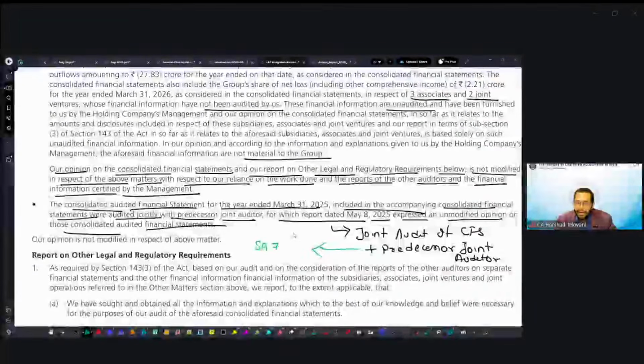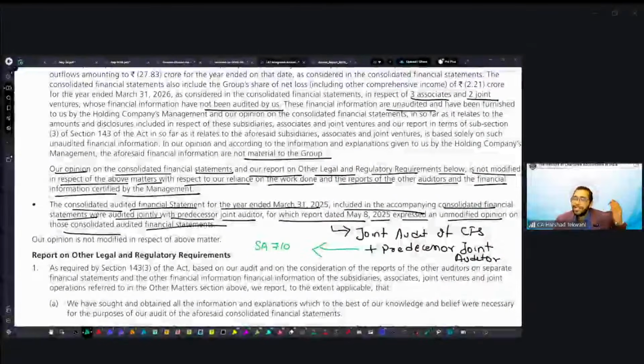SA 710. Over there is a requirement: prior period financial statements audited by a predecessor auditor. What is the responsibility when the prior period financial statements are audited by a predecessor auditor, and you are providing that financial statement as corresponding figures?